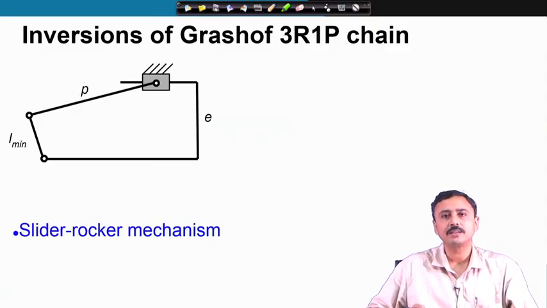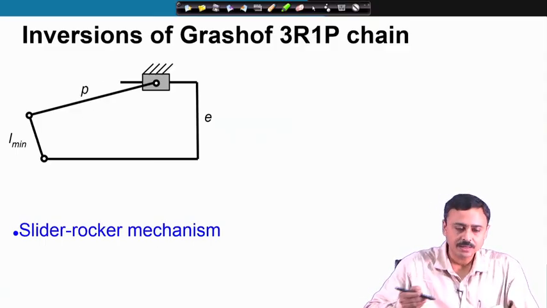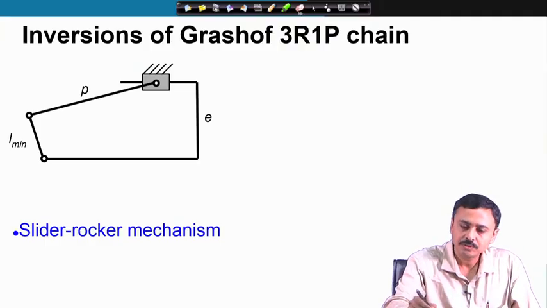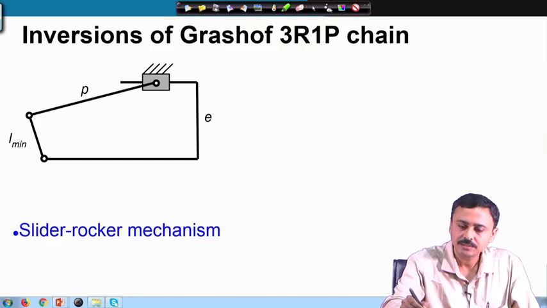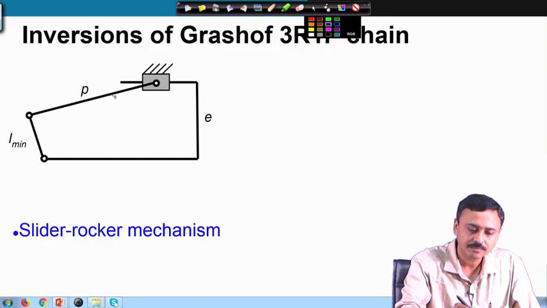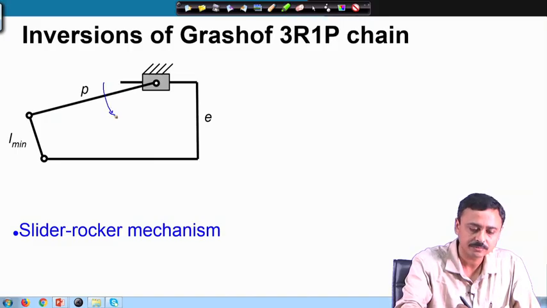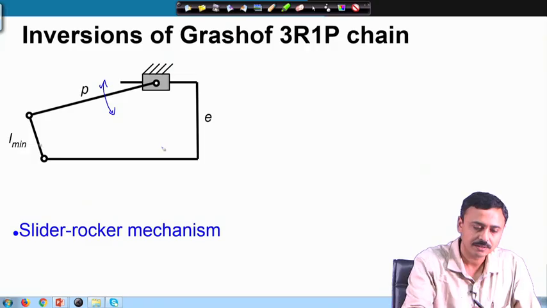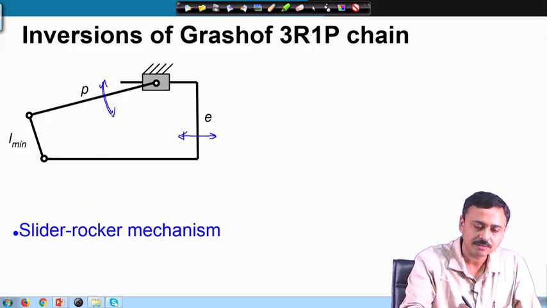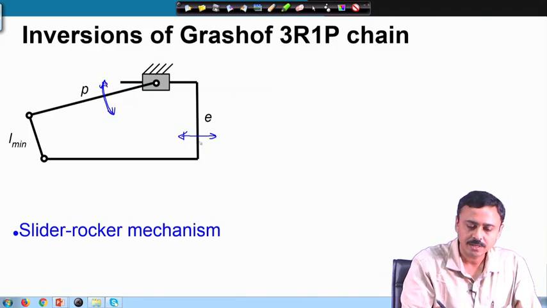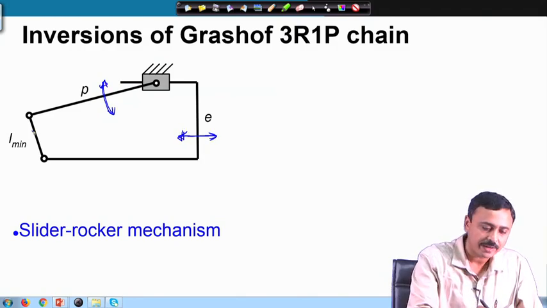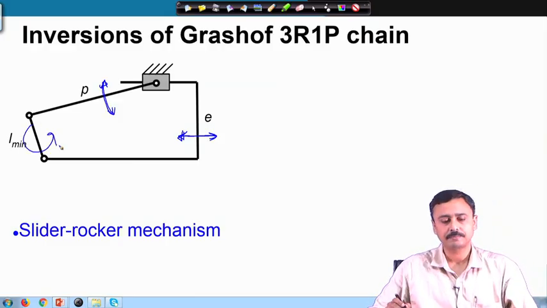If I fix the slider itself, now because these links can only rock, this will rock, this will slide, and L-min can rotate completely.